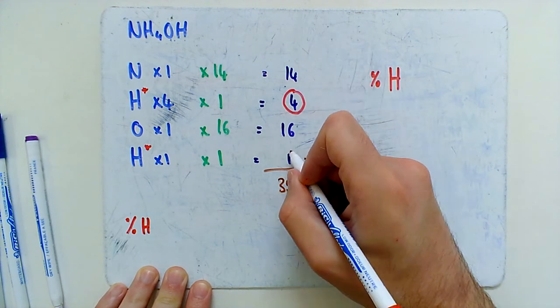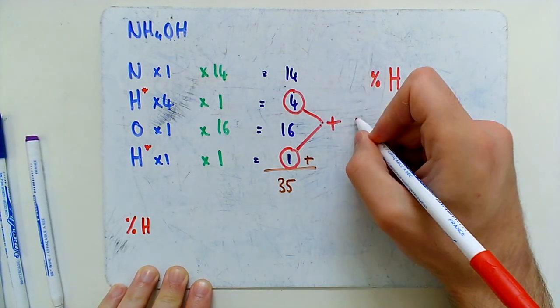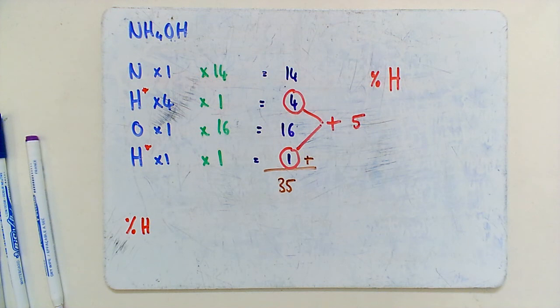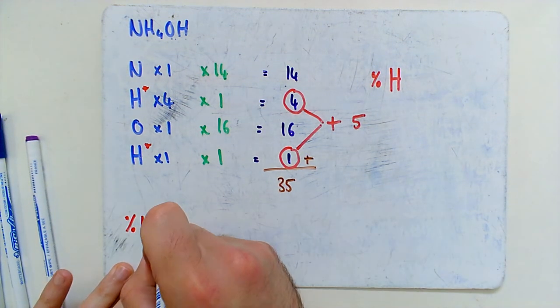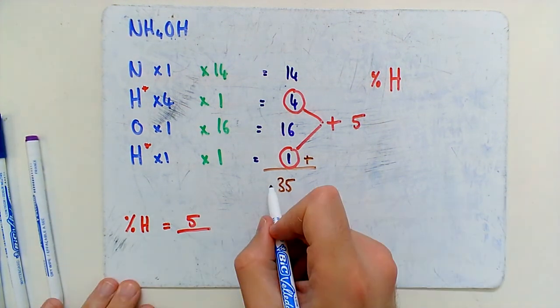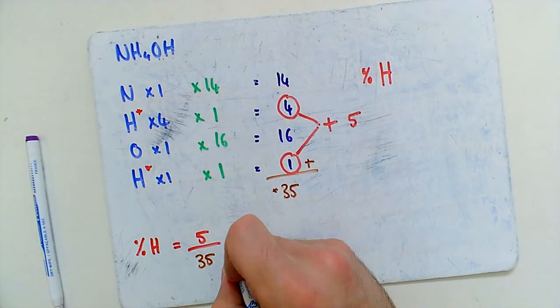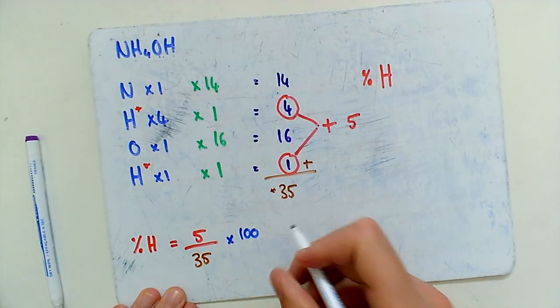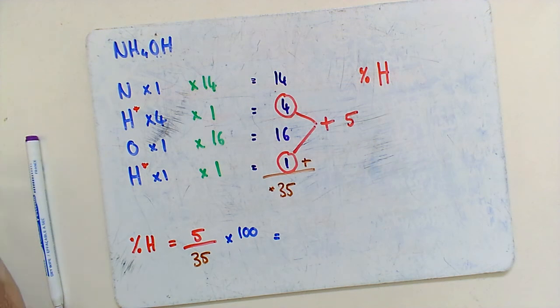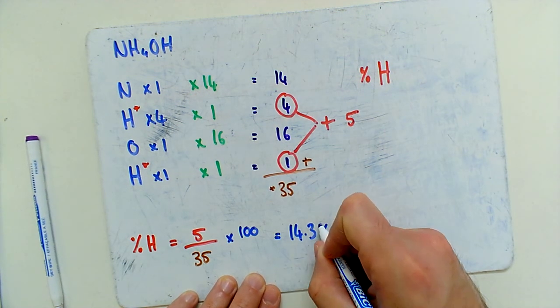So I need to look at this number and this number, add them together, and that gives me 5. So my percentage hydrogen is going to be 5 divided by the total, 35. And then we multiply by 100 to make it a percentage. 5 divided by 35 equals 14.3%.